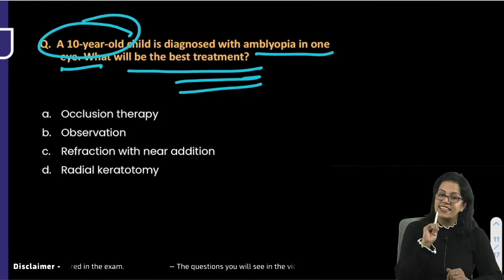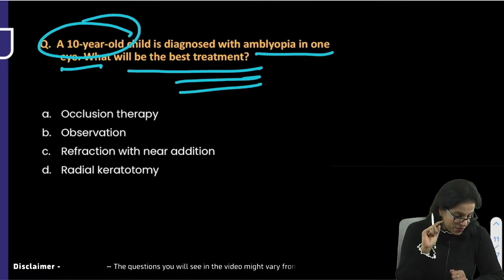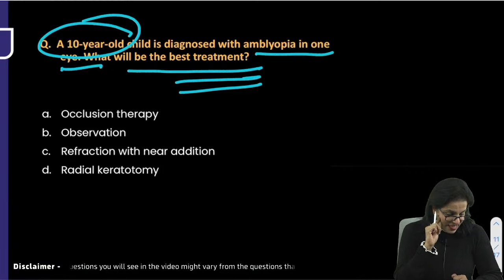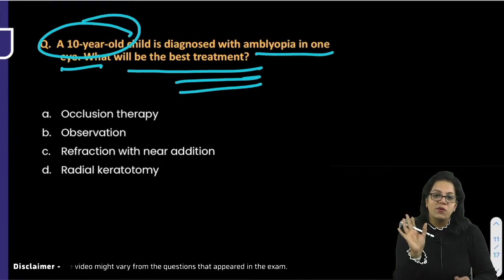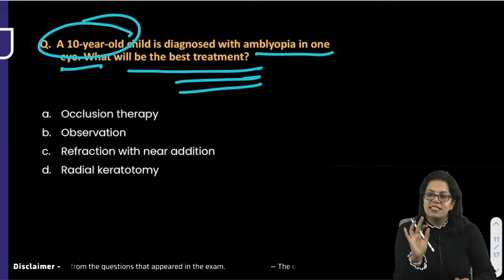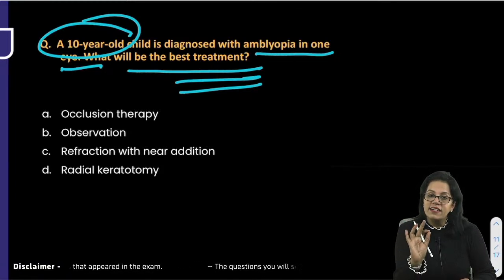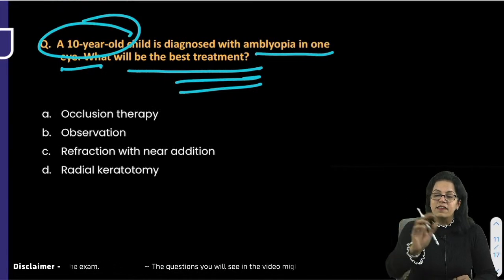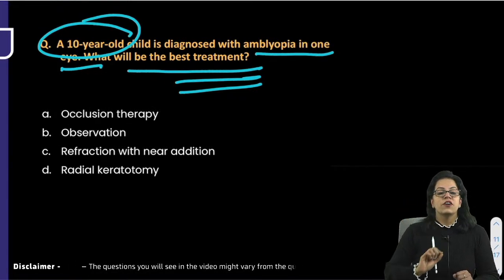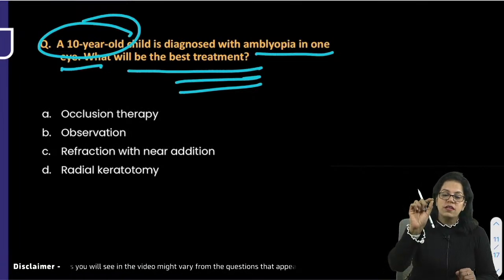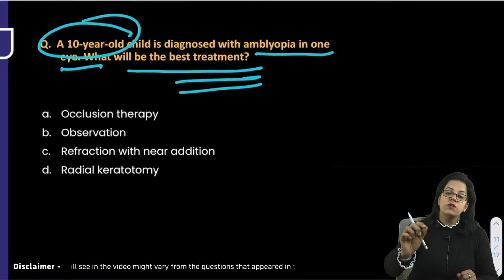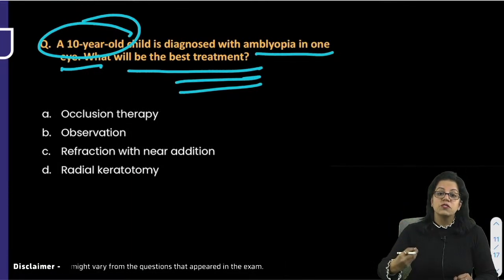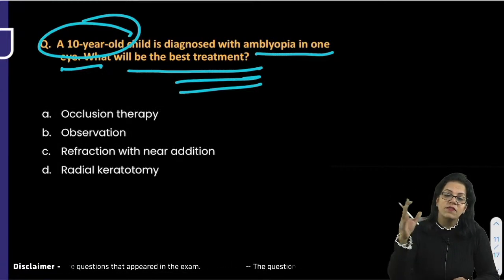You all have said 10-year-old. So either the recall is wrong and it is not 10 years. Do you remember 10 years? And if it is not, it was anisometropic, whatever type of amblyopia. Amblyopia means that when you try to correct the refractive error with specs, suppose the child has vision of 6/12, and when you try to correct it, the vision does not improve to 6/6 with any type of lenses.